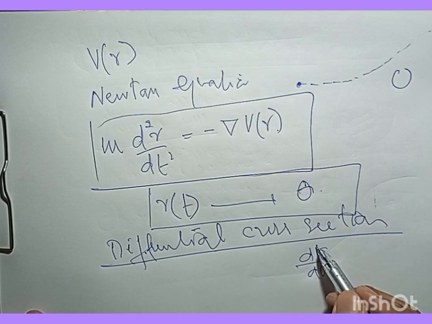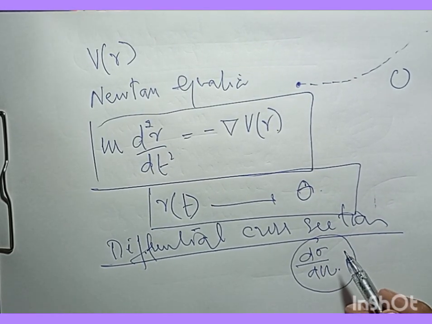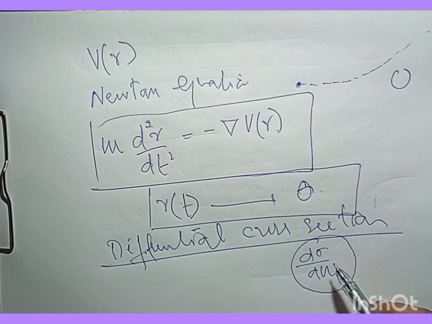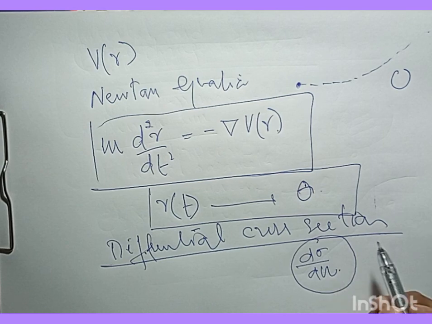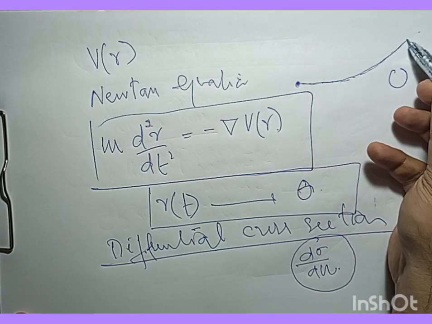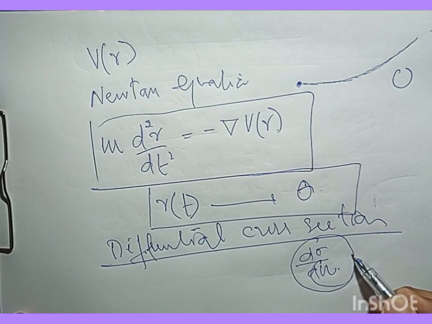And d sigma by d omega gives us the measure of the differential cross section. So how does it measure? It measures how likely it is for a particle to be scattered at a given angle.